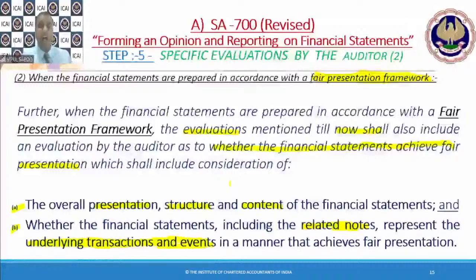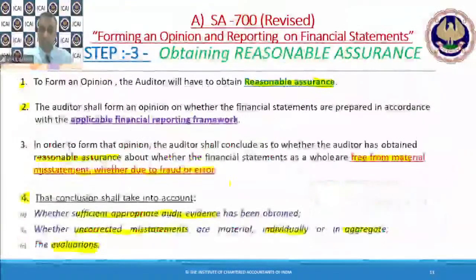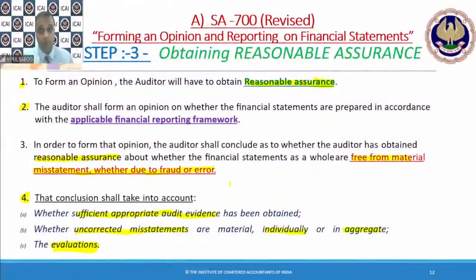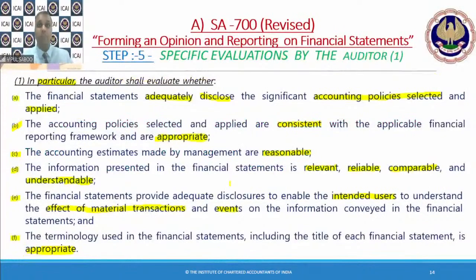The auditor has to play a role over here as well. So what have we done? Step 1 was objectives. Step 2 was the auditor has to obtain reasonable assurance. Step 3 is evaluation by the auditor: general evaluations with respect to the quality of accounting policies, practices, and management's judgment; and specific evaluations, where you have the list of specific evaluations.